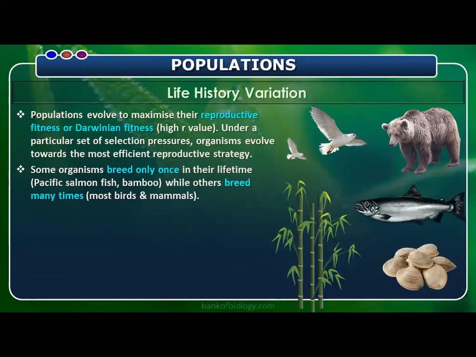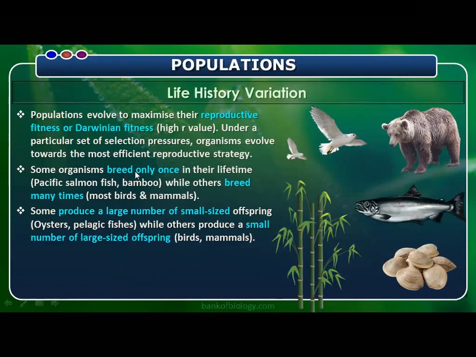The populations evolved to maximize their reproductive fitness or Darwinian fitness. We call it a high r value. Under a particular set of selection pressures, organisms evolved towards the most efficient reproductive strategy. These two sentences are very important: some breed only once in their lifetime, like Pacific salmon fish and bamboo, while others breed many times, most birds and mammals.